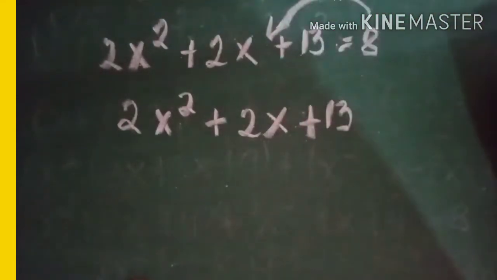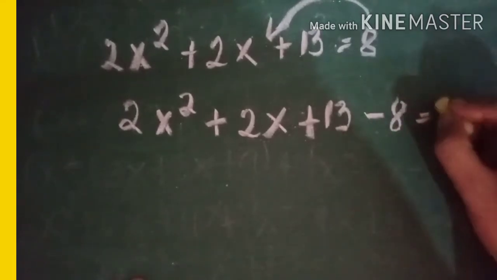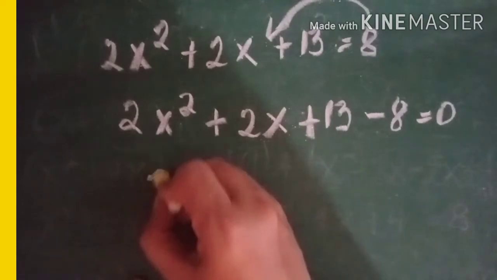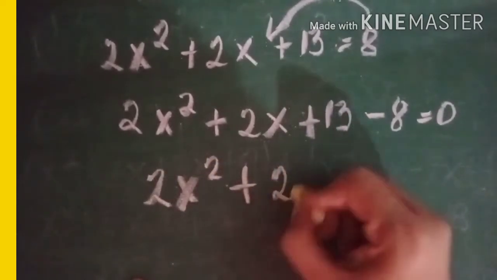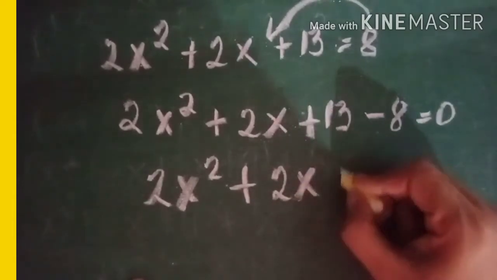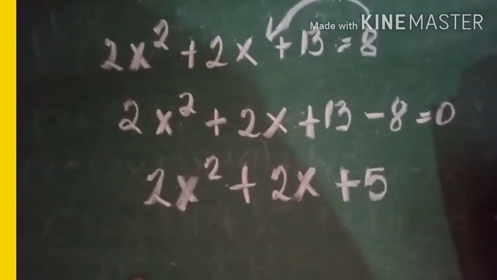So, ililipat natin yung 8 doon sa left side. And then, positive 8 magiging negative 8. Papalitan natin yung sign. So, 2x squared plus 2x plus 13 minus 8 is 5 equals 0.